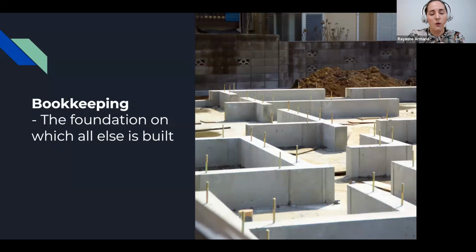Accurate bookkeeping will guarantee realistic budgets. So if you've done accurate bookkeeping, it's going to ensure that when you set your budget the next year, your budget's going to be more realistic if the bookkeeping has been recorded accurately. And it also will ensure that you as the property manager can make informed decisions on how to allocate your funds.